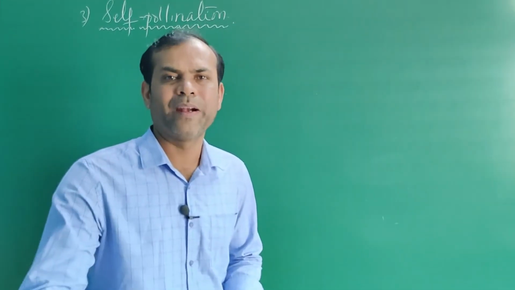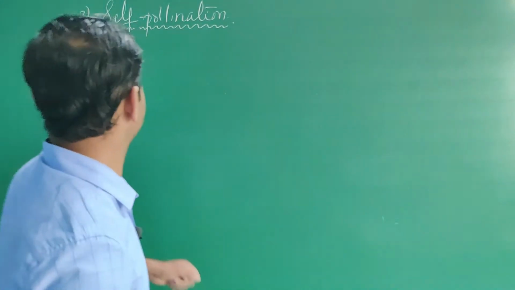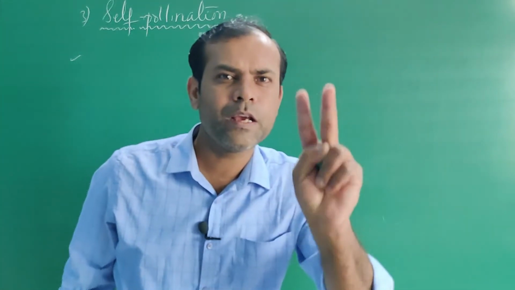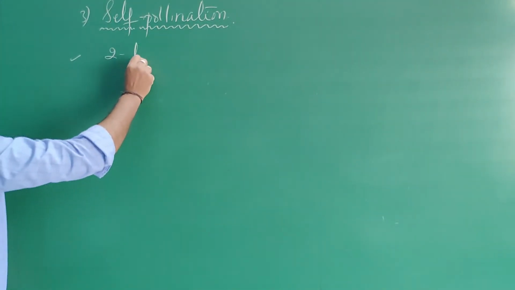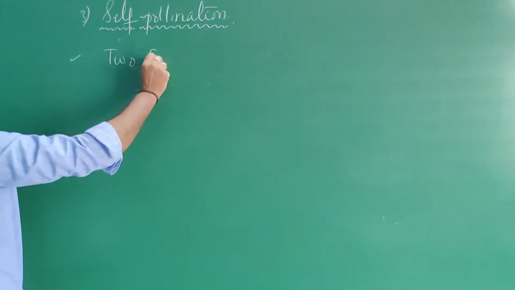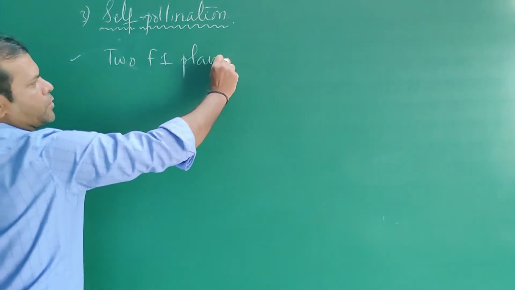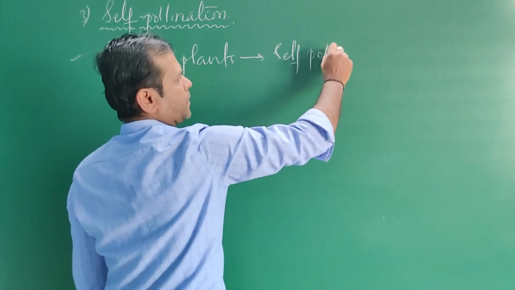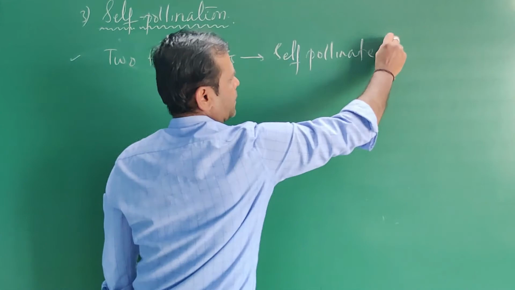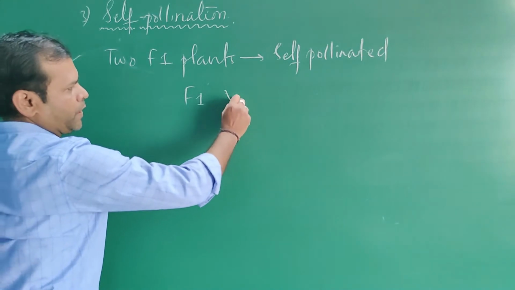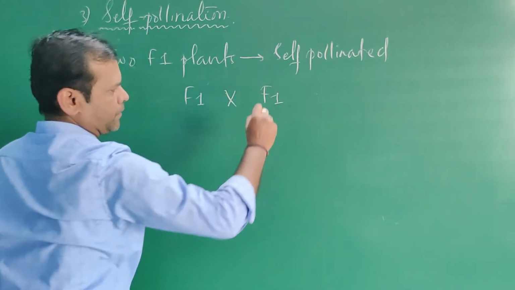The third step of the hybridization experiment of Mendel is self-pollination. Now in self-pollination, two F1 plants are self-pollinated. That means you have to cross two F1 plants, F1 crossed with F1.